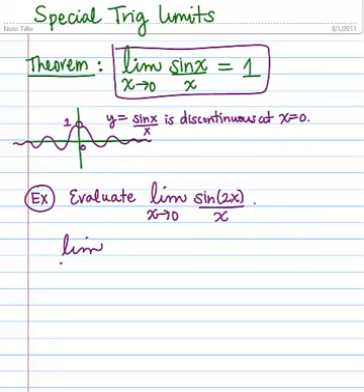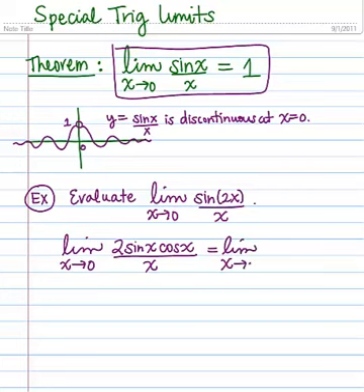One approach is to realize that sine of 2x is an actual identity called a double angle identity that you've seen before in trigonometry. And then you can notice that the x in the denominator is approaching 0, which prevents you from using the quotient law.